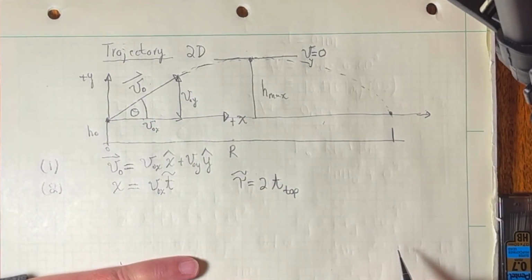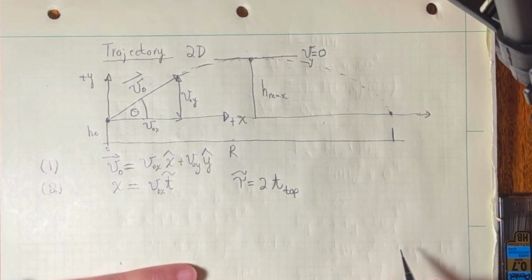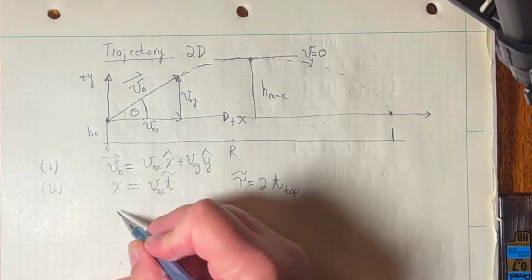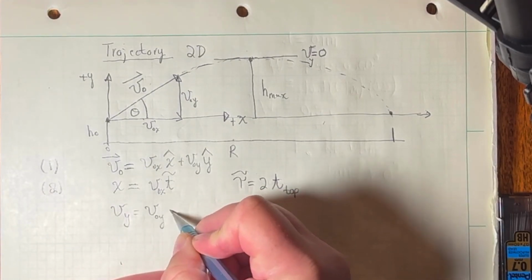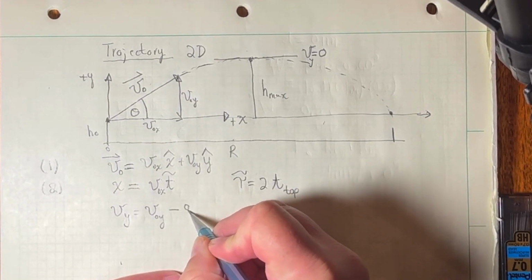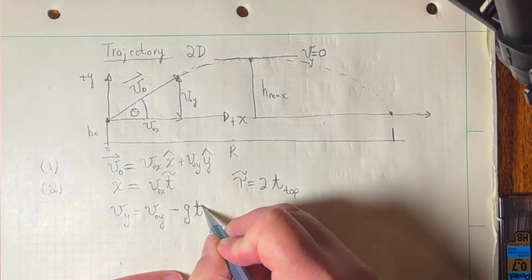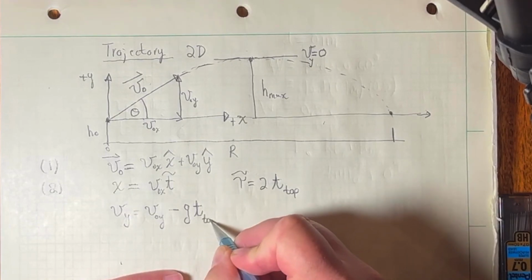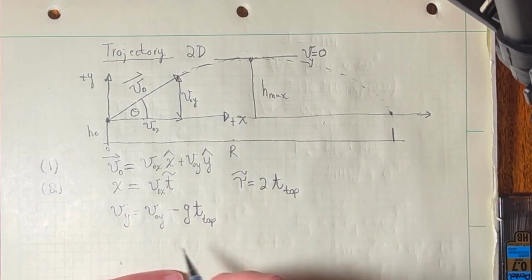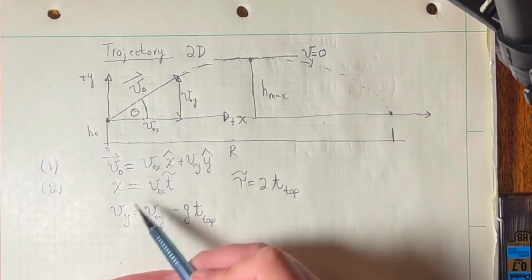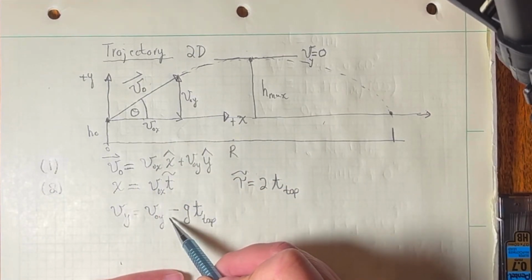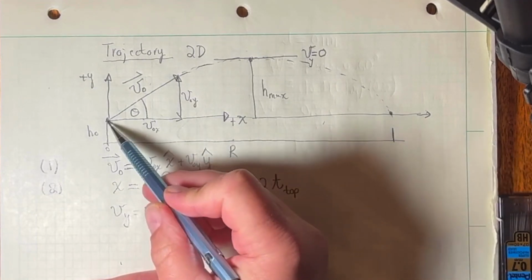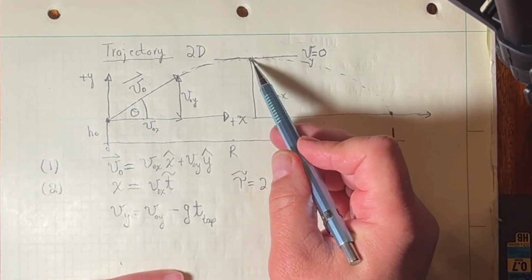So let's compute the time to the top. The final velocity, Vy, is equal to V naught y minus the acceleration of gravity times the time to the top. This is the y component of the velocity from the launch time up to the top.